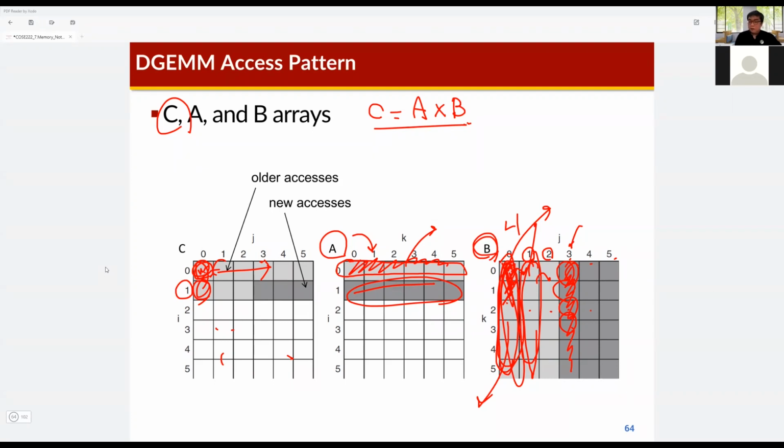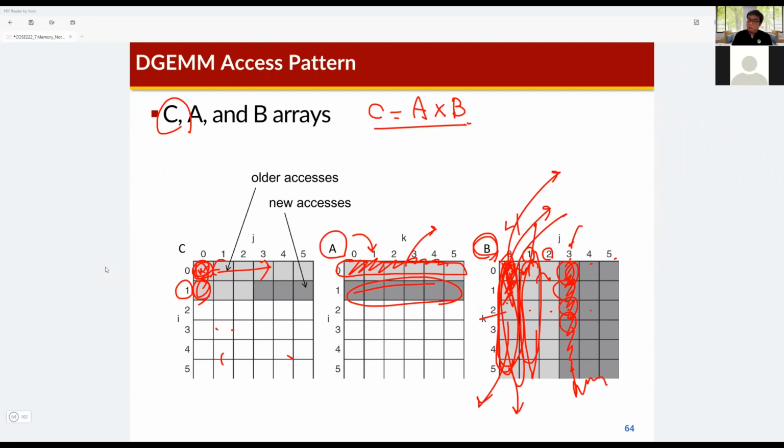But because of the small size of the cache, even though this column will be reused, this column data is deleted from the cache. Why? Because the cache size is small. So in this case, the data for this column should be fetched from the lower-level cache or memory, and it will degrade the performance of this matrix multiplication.